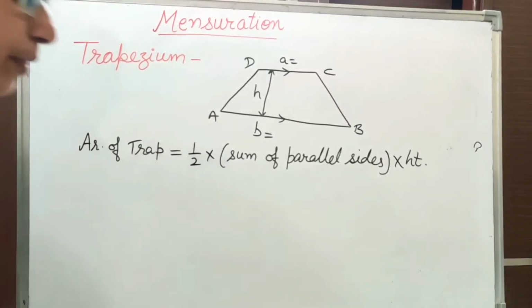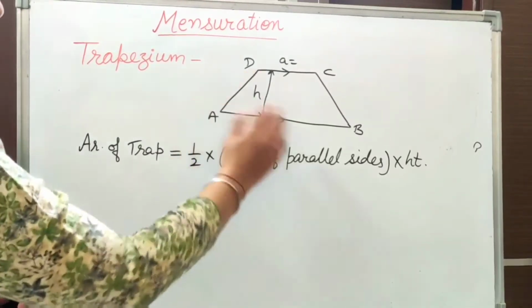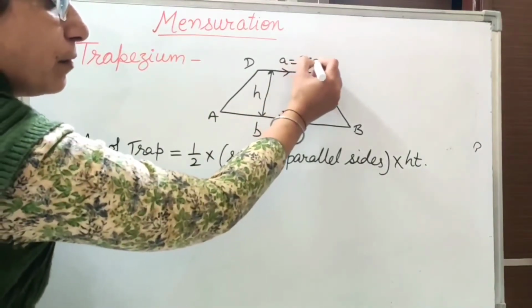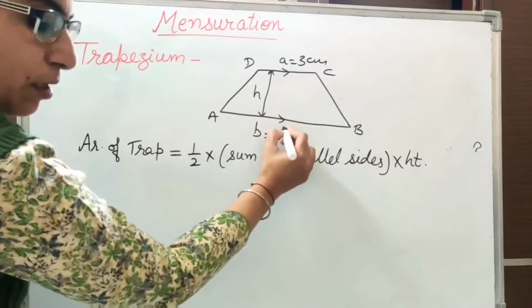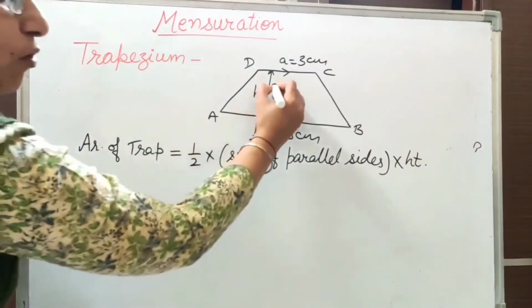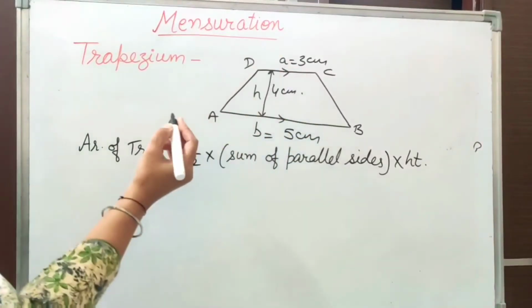Let me take one example. In this trapezium, this parallel side is 3 centimeter and this parallel side, let it be 5 centimeter, and the distance between the parallel sides is 4 centimeter. So how to find the area?